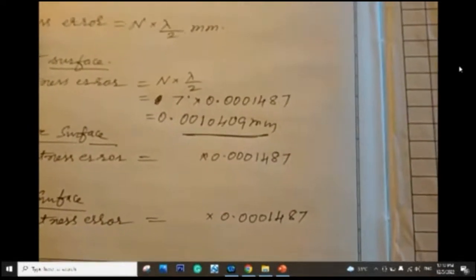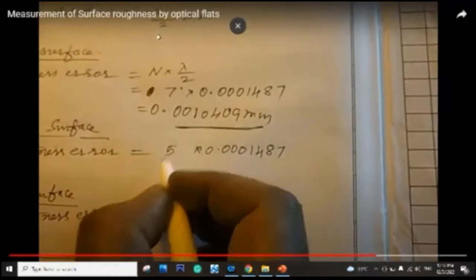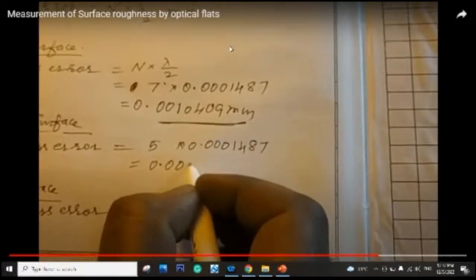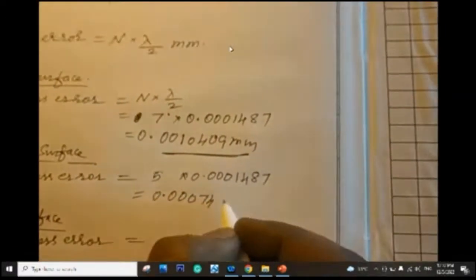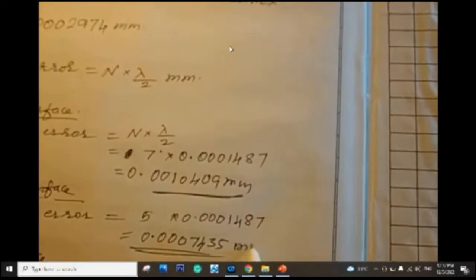That is 0.0007435 mm. In the same way for the convex surface, 1, 2, 3, 4.